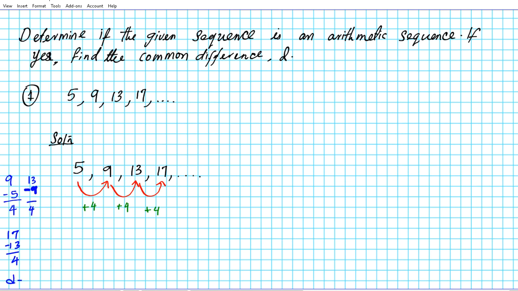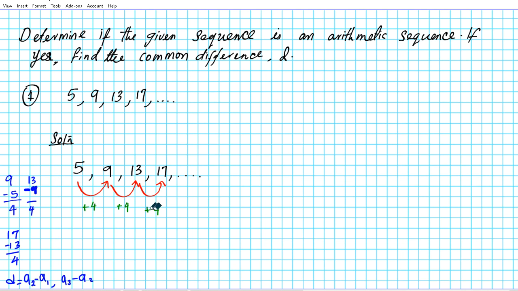The formula for that is A2 minus A1, or you can do A3 minus A2. You can just subtract consecutive terms. All right? Okay, so what we see here is that the common difference is the same constantly. Okay?